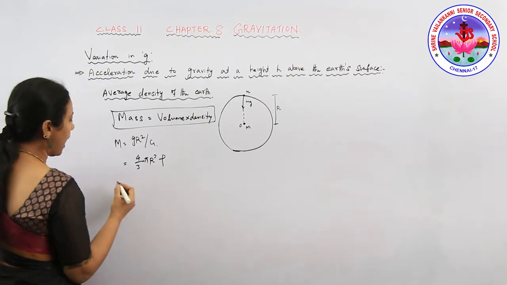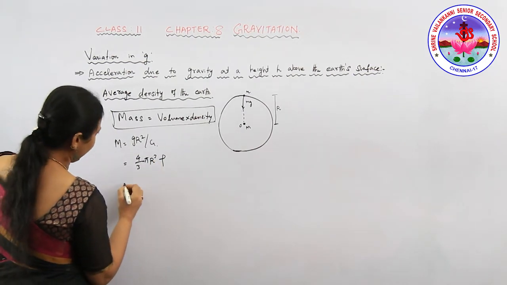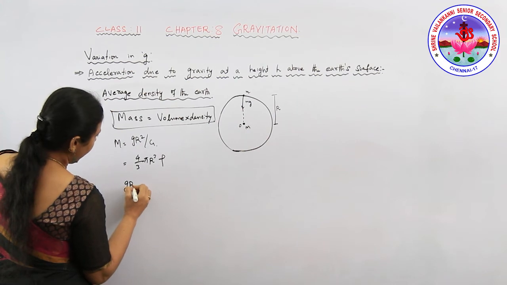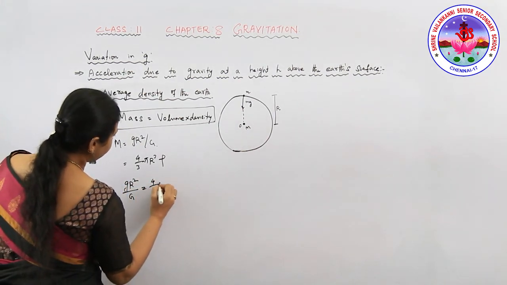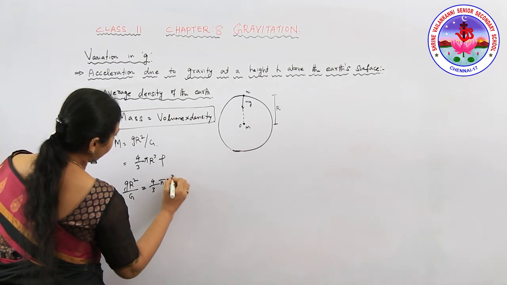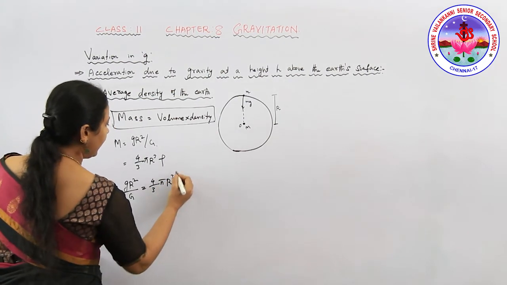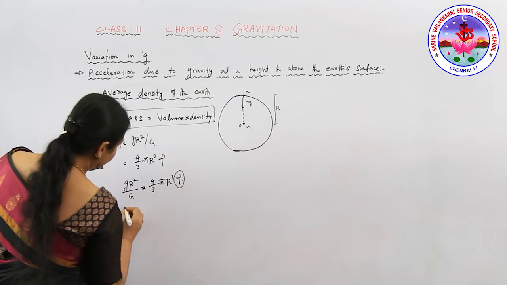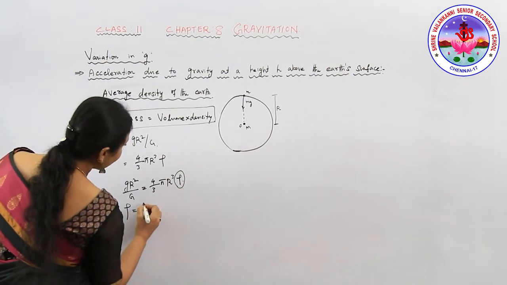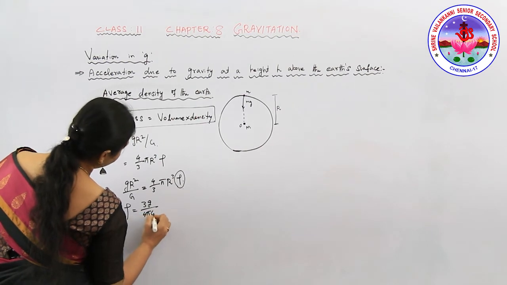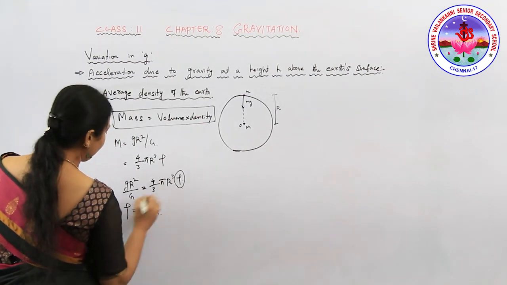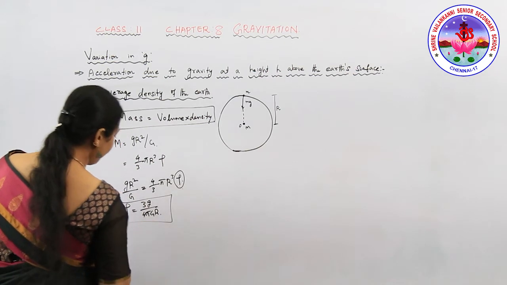By comparing mass and volume into density, we get g r square by G equal to 4 by 3 pi r cube rho. We need the value of rho, that is density, which is equal to 3g by 4 pi G r. By simplifying, we get the value of rho.